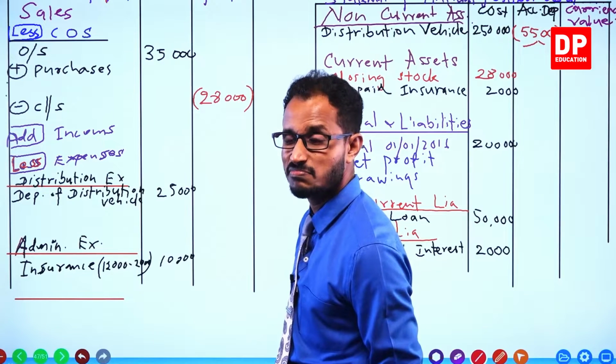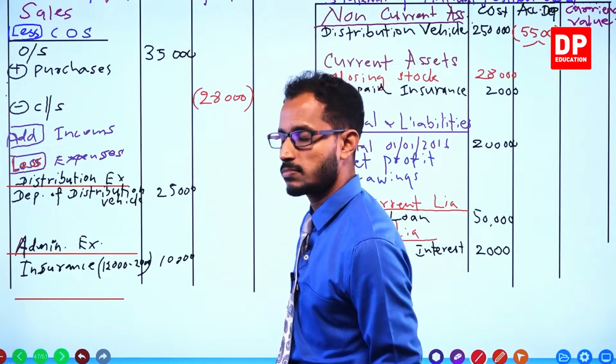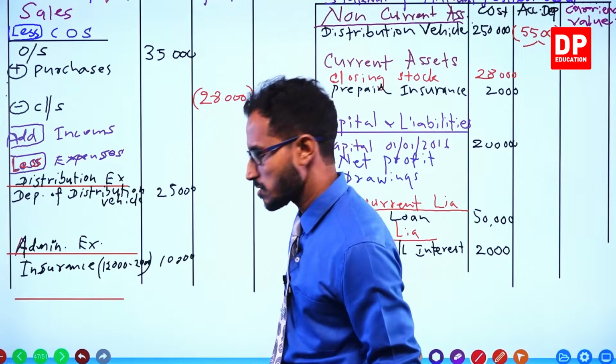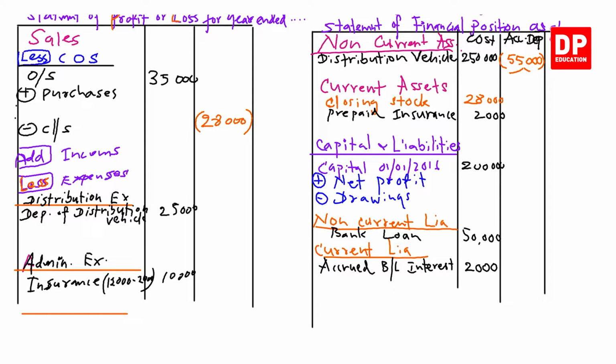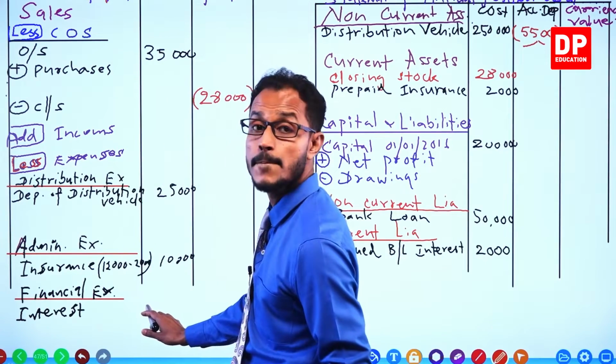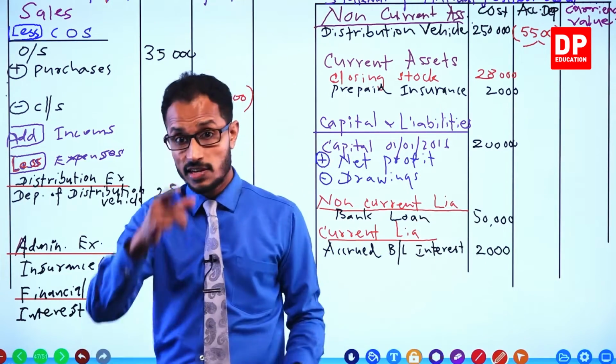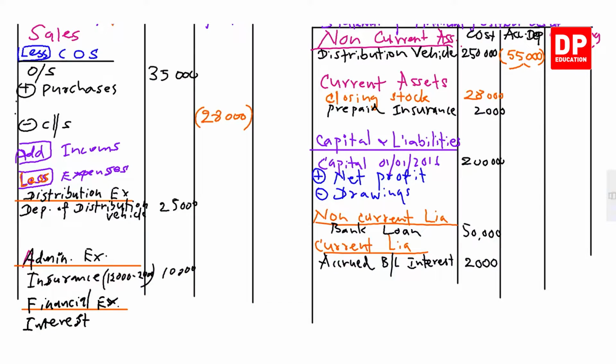Bank loan interest? Financial expense. Under financial expenses, bank loan interest. How much? 6,000. We calculated the bank loan interest. The total amount for the period is 6,000.